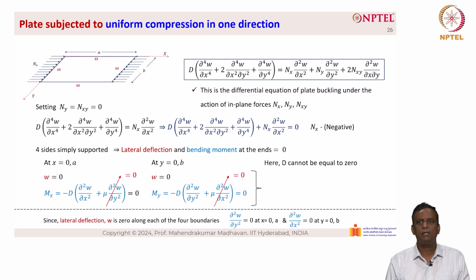However, D cannot be 0 because D is the flexural rigidity of the plate, which is a combination of the material properties as well as the geometric properties. Hence, for Mx equal to 0, ∂²w/∂x² should be equal to 0, and similarly, for My equal to 0, ∂²w/∂y² should be equal to 0. These are the boundary conditions of the plate here: w equal to ∂²w/∂x² equal to 0 and w equal to ∂²w/∂y² equal to 0.